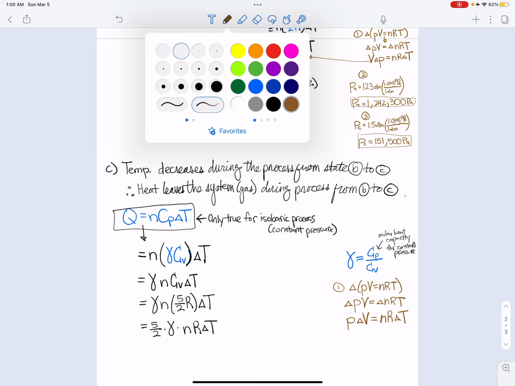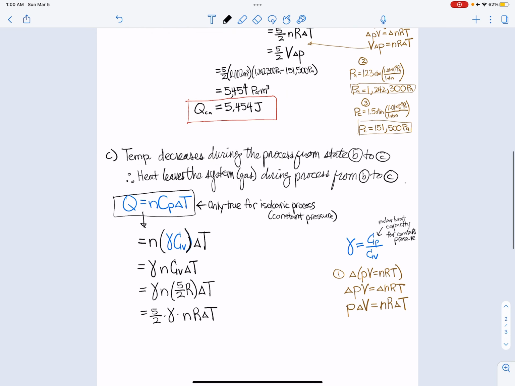Okay. So I'm going to substitute nR delta T, this time, with P delta V, okay? Because this time we're dealing with constant pressure. So it is equal to 5 over 2 times P delta V, okay?